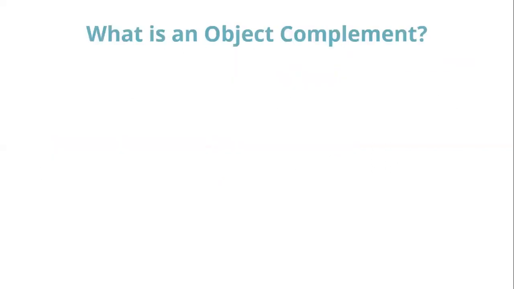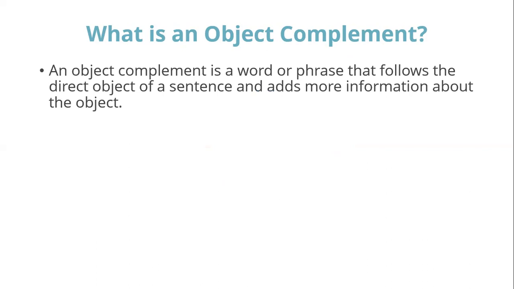Now let's move towards what an object complement is. An object complement is a word or phrase that follows the direct object. It's very important. Before this, when we were discussing the subject complement, the most important part was the linking verb.